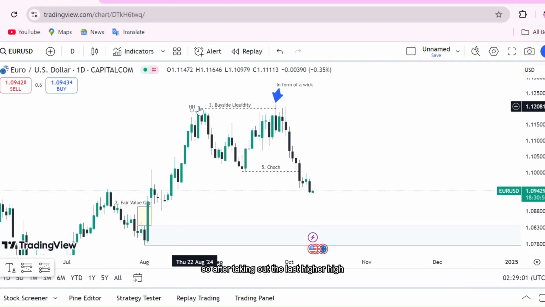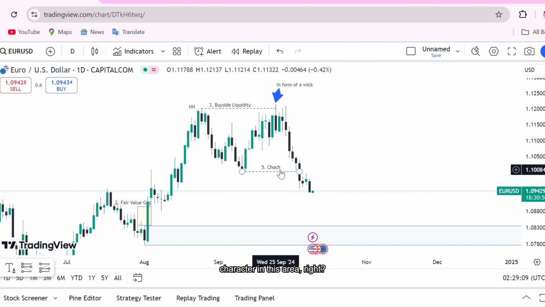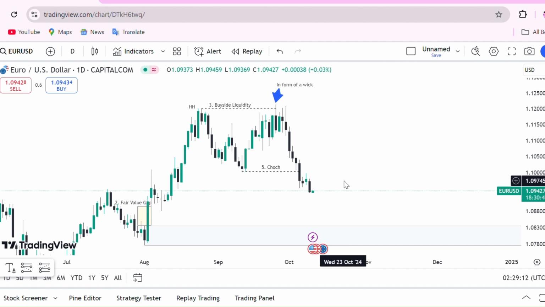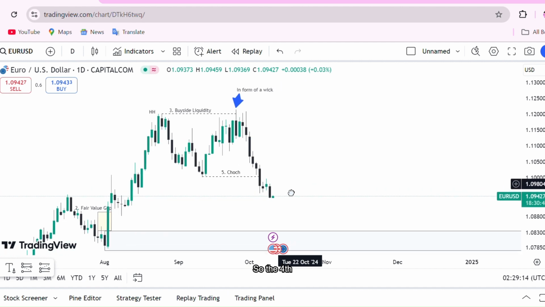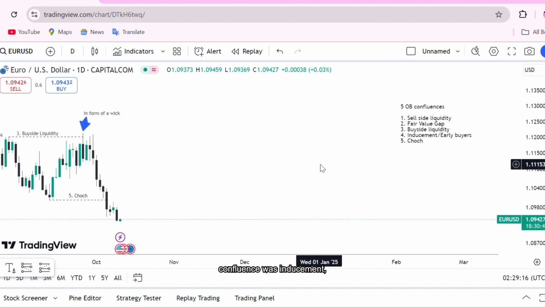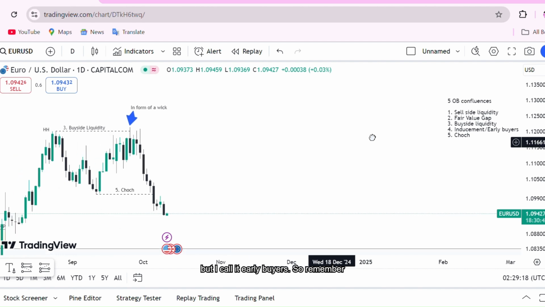So after taking out the last higher high by liquidity sweeping or buy side liquidity, we form a change of character in this area, right?